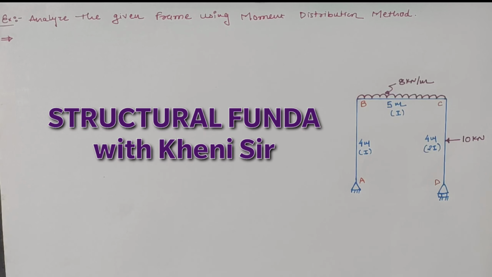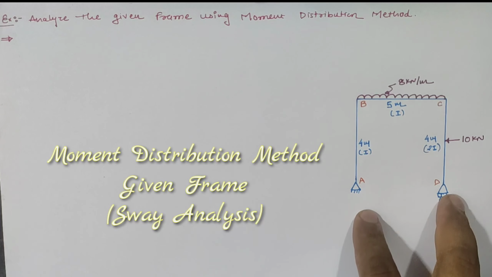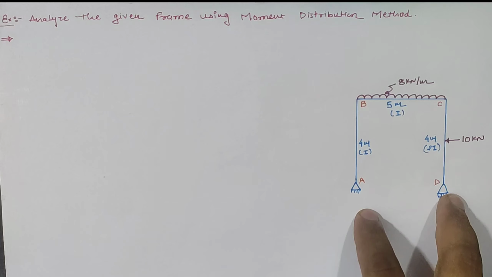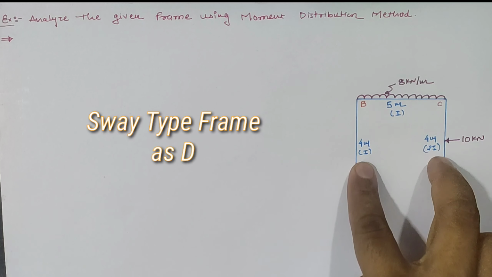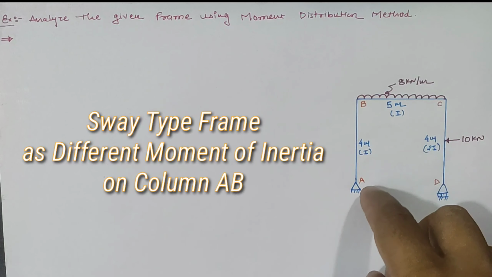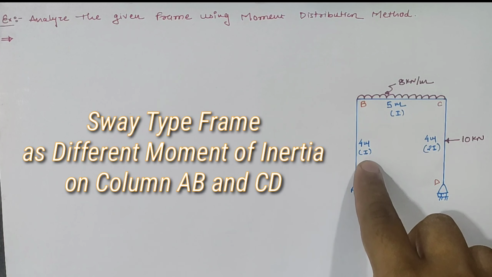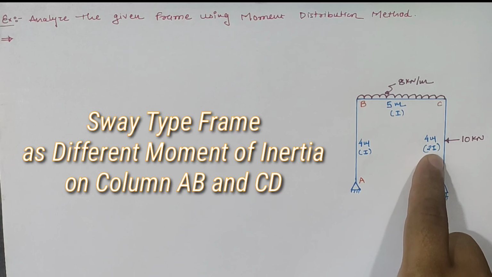Myself Ethan Kenny, and today we are going to learn about the moment distribution method for the given frame as shown in the figure. The frame which is asked is a sway type frame because of the different moment of inertia of both the columns: AB having the moment of inertia as I and CD having the moment of inertia as 2I.